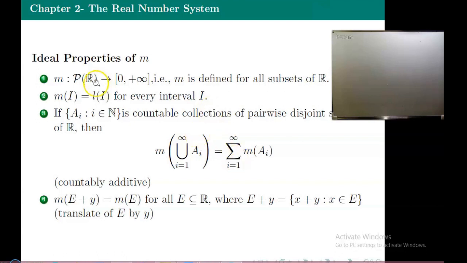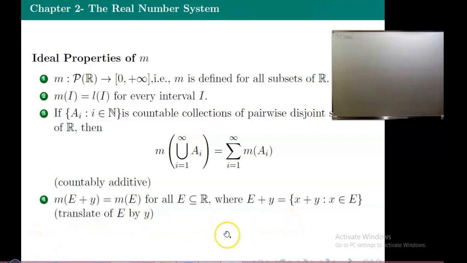So, these are the ideal properties of a function that we are trying to look into. Now, we will try to see if there's such function that exists possessing all of these ideal properties.